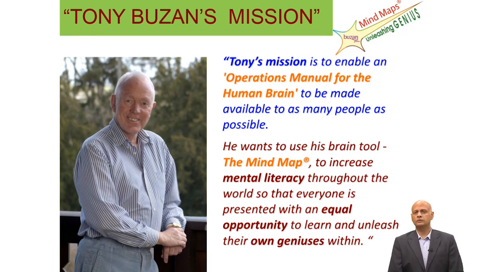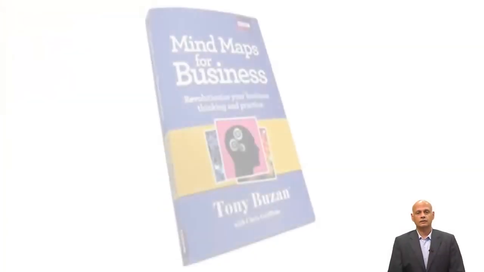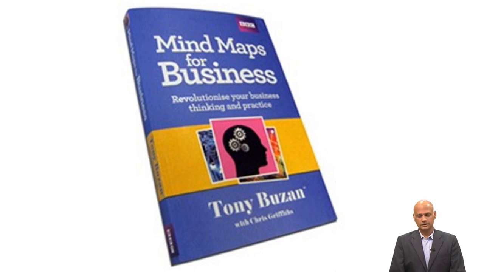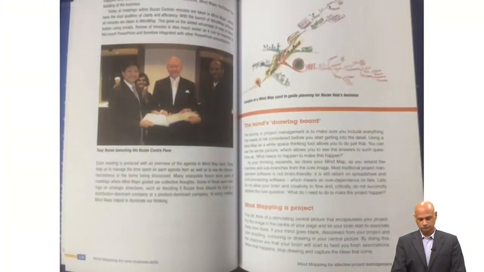Any information that you need to feed your brain with, convert that into a mind map and then feed it, and your brain will perform magic. Like I said, this is going on for 50 years, tried and tested across the world. Tony has written 150 books.